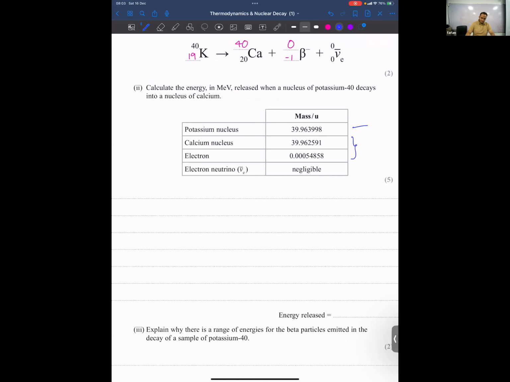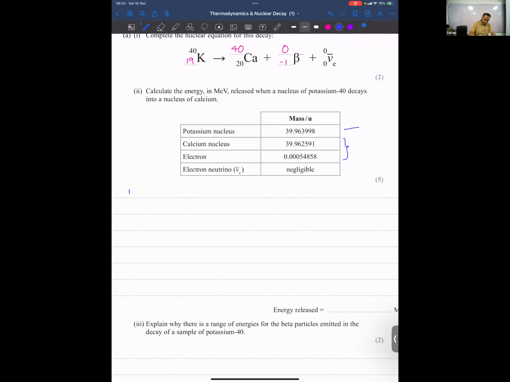So M1, the mass before the decay, is 39.963998. M2, the mass after decay, is 39.962591 plus 0.00054858.